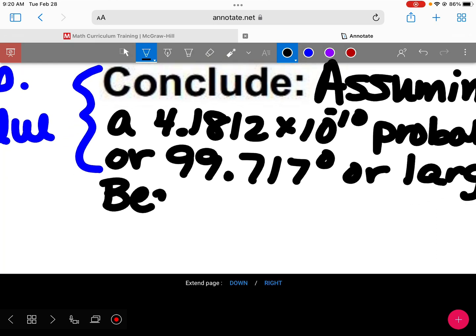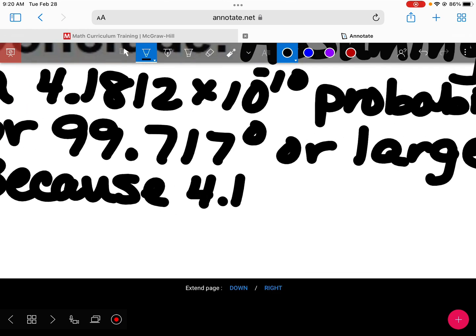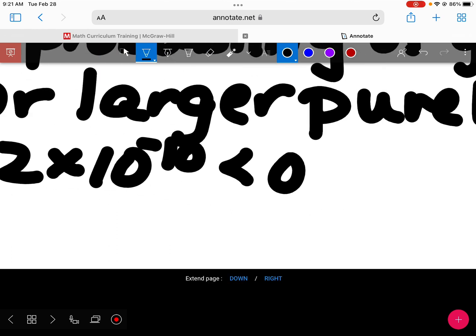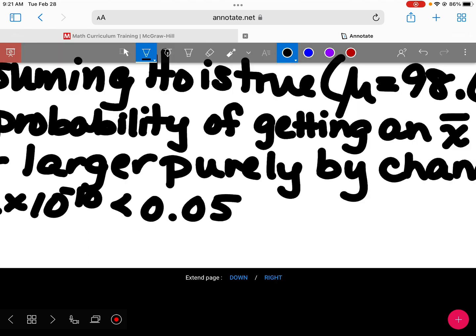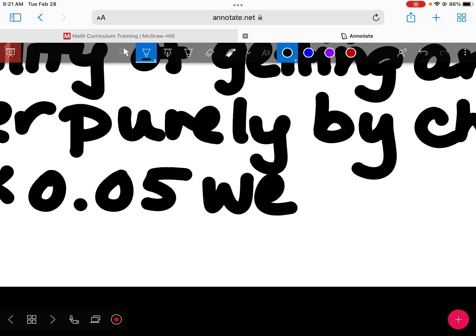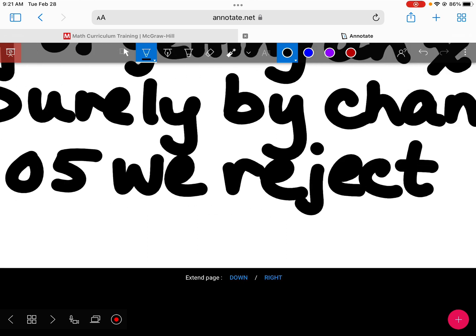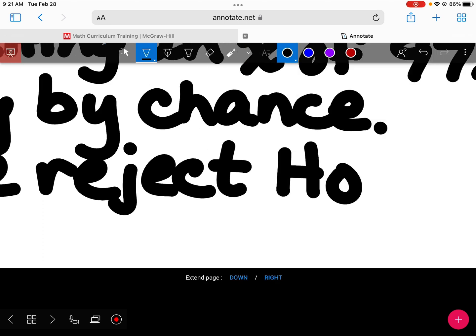Because 4.1812 times 10 to the negative 10 is less than 0.05. We reject the null.